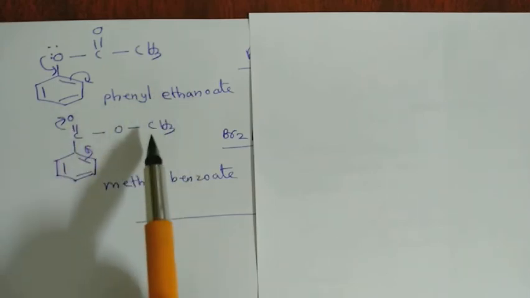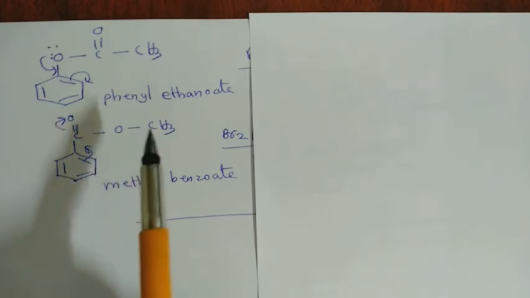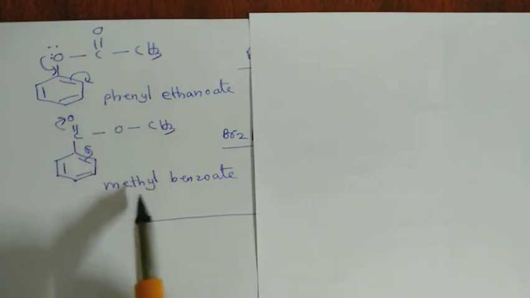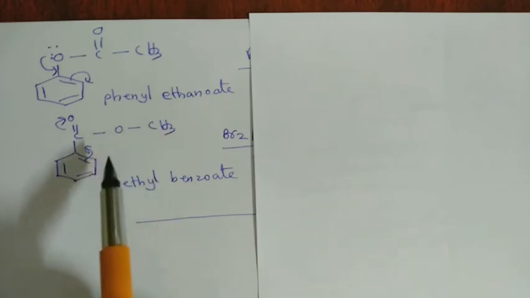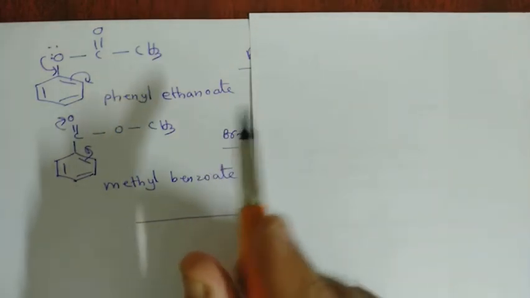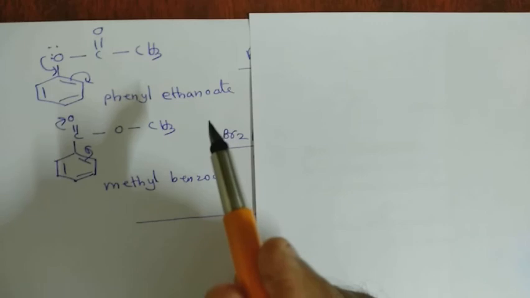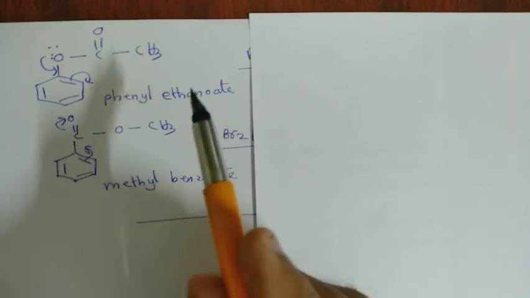It is the methyl ester of benzoic acid. Hence, its common name as well as IUPAC name is methyl benzoate. When these two compounds are subjected to electrophilic substitution reactions, the nature of the products obtained will be different.